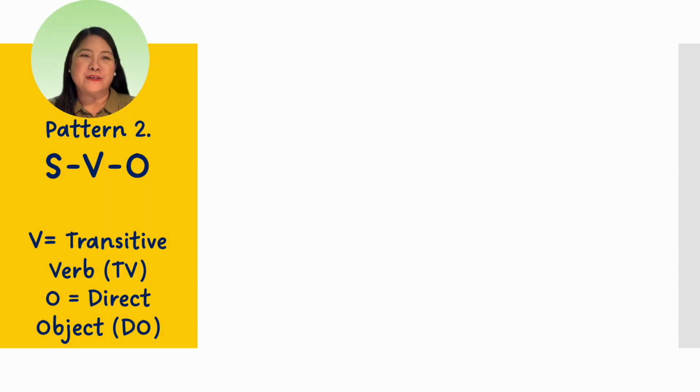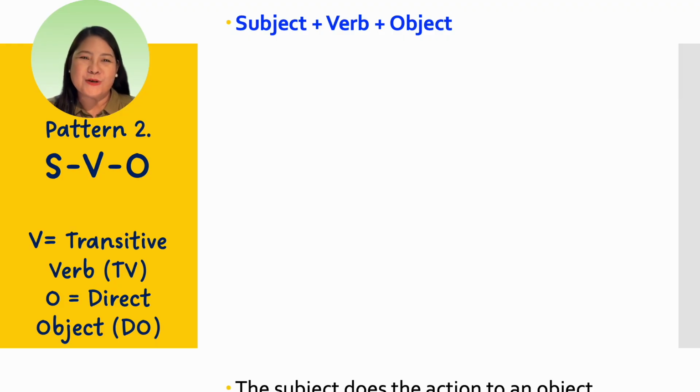Now we move to pattern 2, and that is SVO. The V here is different from the V in pattern 1 because the V here is actually a transitive verb. It's TV, and it always requires a direct object. Hence, the pattern SVO. So the structure is subject plus verb plus object, more specifically, direct object or DO.